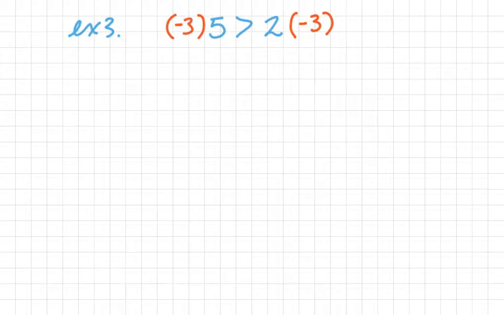Well, on the left I have negative 3 times 5, that's a negative 15. On the right, I have 2 times negative 3, that is a negative 6. Well, here we have an issue. Negative 15 is actually less than negative 6, not greater than.